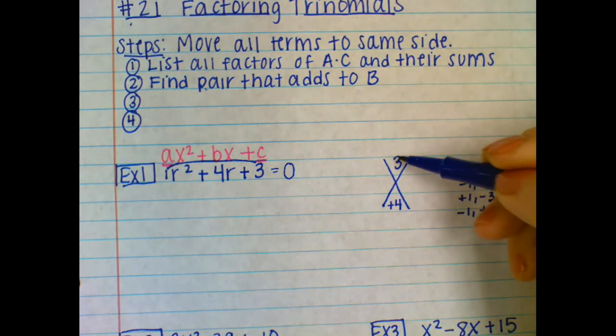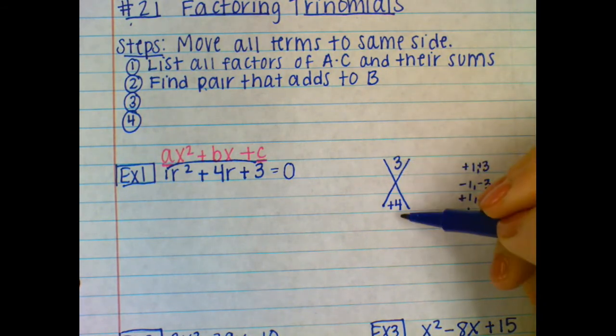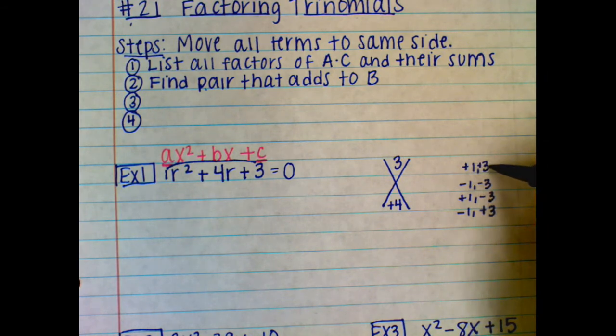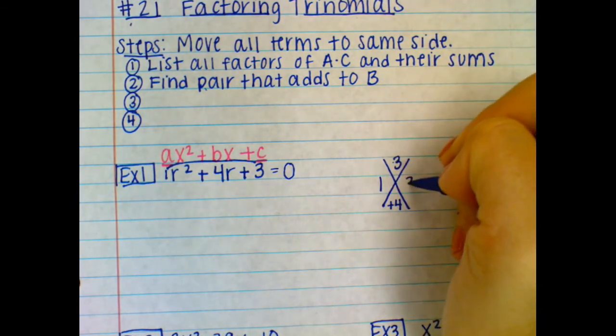So if I need to multiply to a positive 3 and add to a positive 4, well, I can go down my list. 1 times 3 is 3. 1 plus 3 is 4. Boom, I got it right away. So these don't matter. So I would have a 1 and a 3.